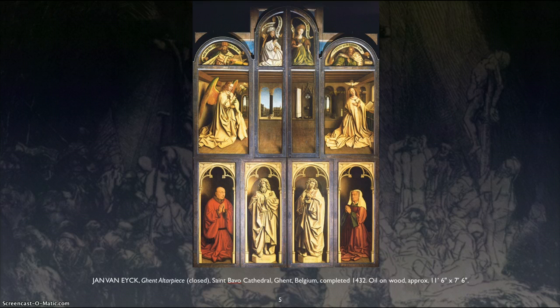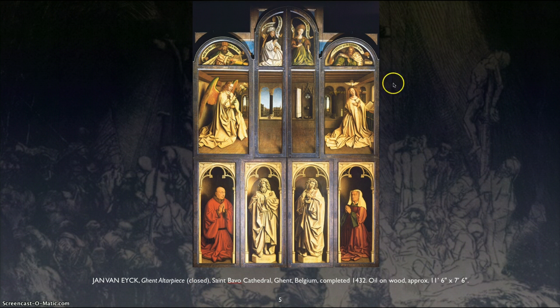Okay, it's an altarpiece, we'll say similar to the giant altarpieces that we saw by Cimabue, except this is much larger. The height of this is about the same, but what happens is there's a seam down here, and each of these panels on this side is a door and on that side is a door. So here we see that it's closed.